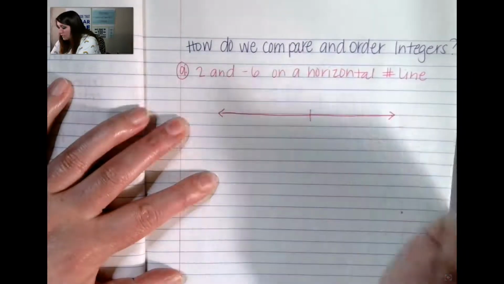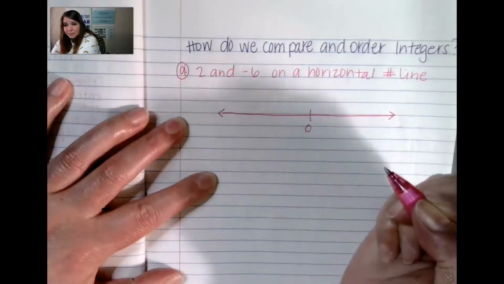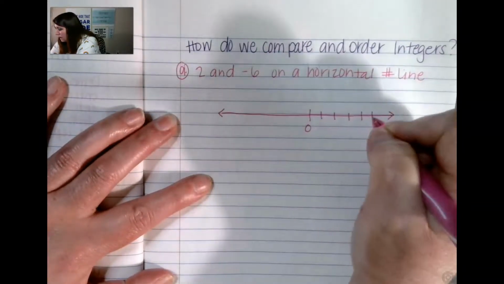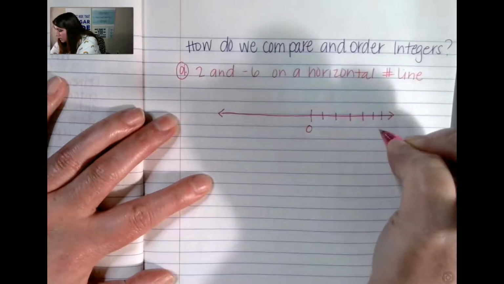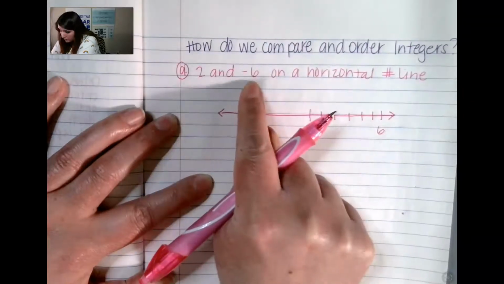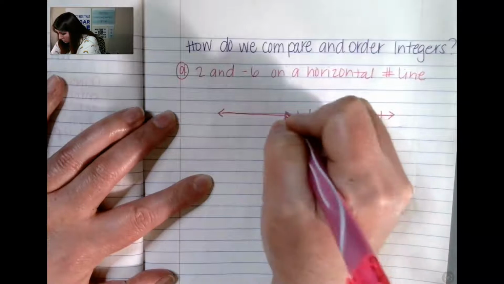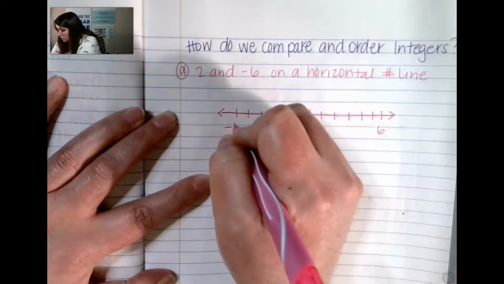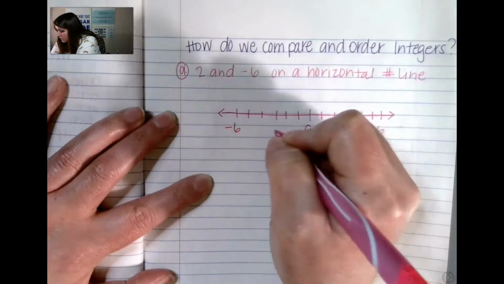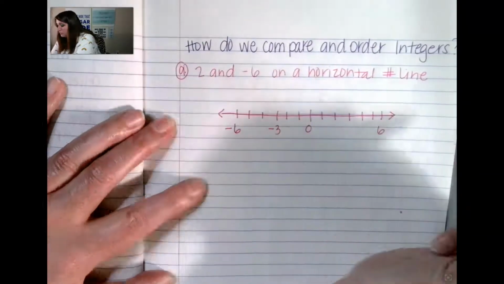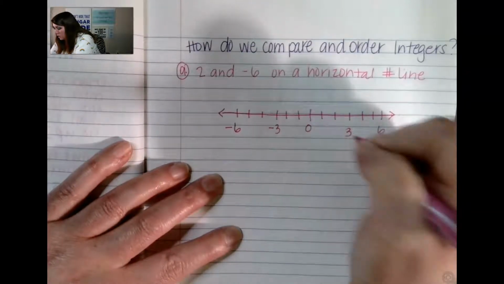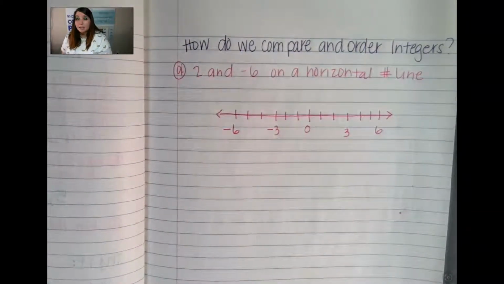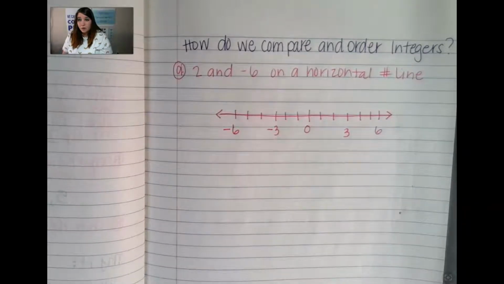I have 0 in the middle, and I'm going to go 1, 2, 3, 4, 5, 6, because 6 is the number that we're going to end up going to. We want to make sure that as we are numbering, we are numbering evenly on both sides, the same distance from 0.